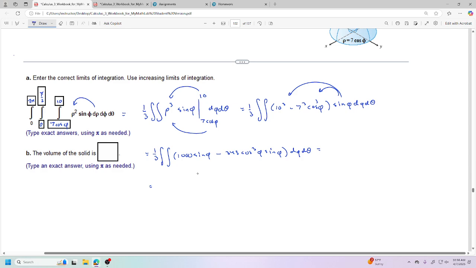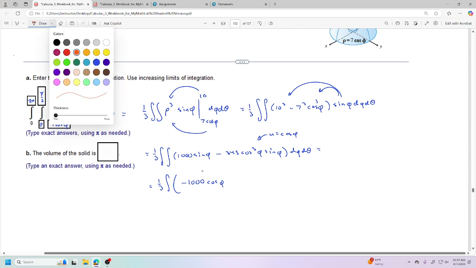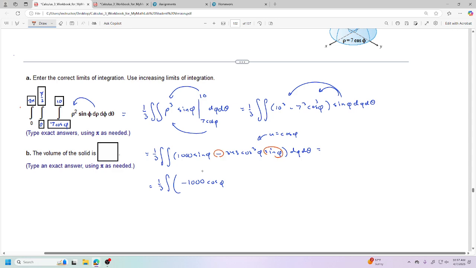So integrating this is actually not too bad. Sine, when I integrate it, will go to a negative cosine, and what I'm going to do here is the u sub. So I'm saying that u is equal to my cosine. The derivative of cosine is negative sine, very good, because we have a negative sign.